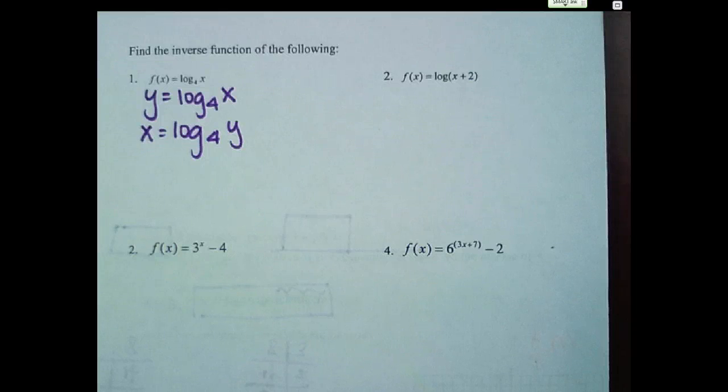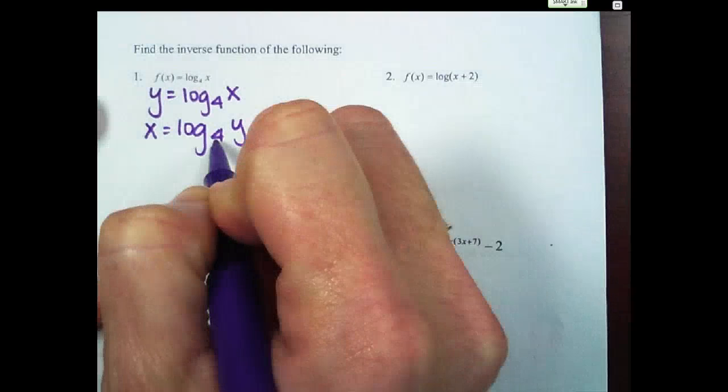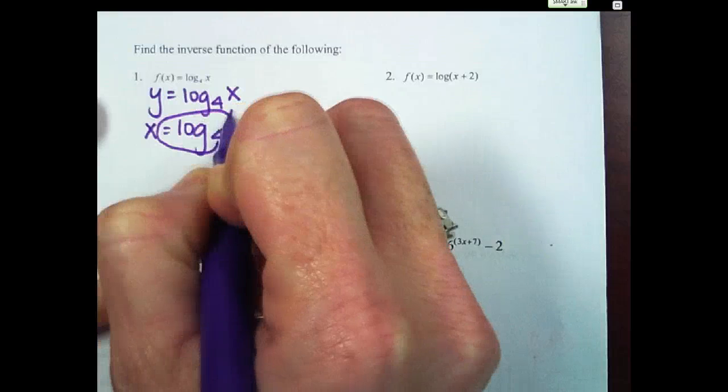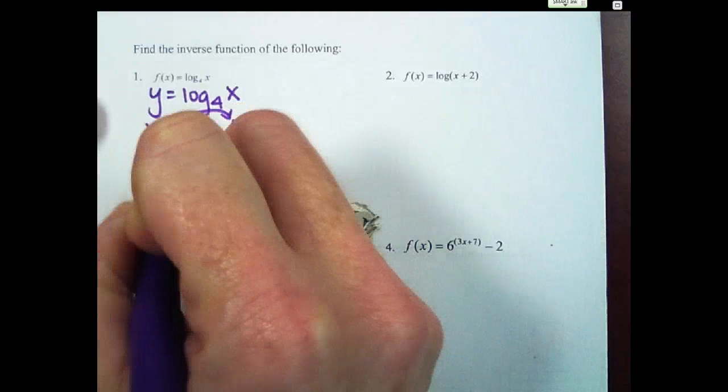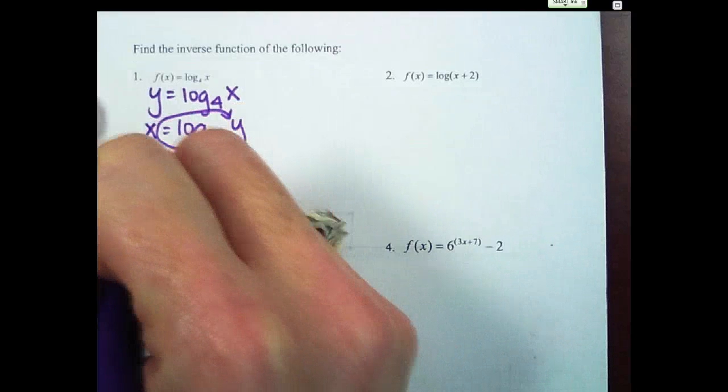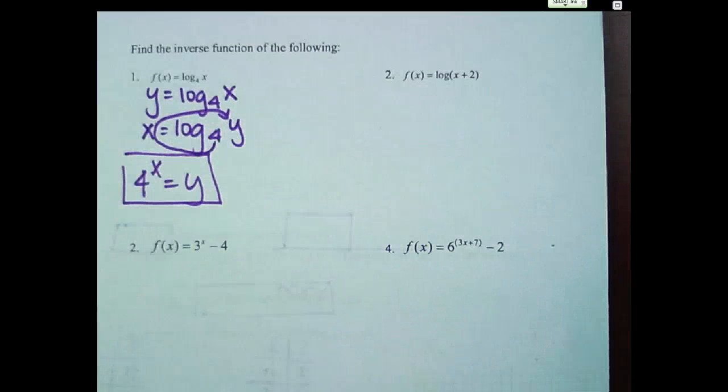To solve a log, you're going to turn it into exponential. The base of your log becomes the base of your exponential, or if you like circle math, you start with the base, go through the answer, and land here. So 4 to the x power equals y. It's that easy. Looking at number 1, it started as a log and ended exponential.